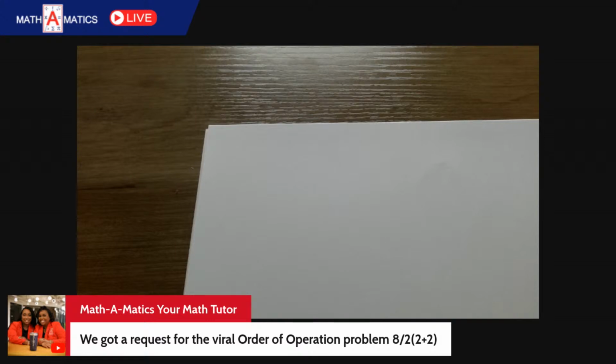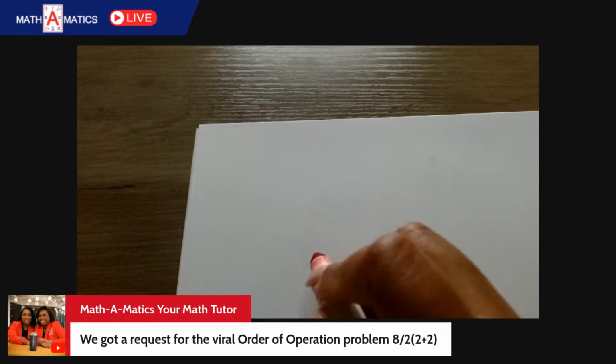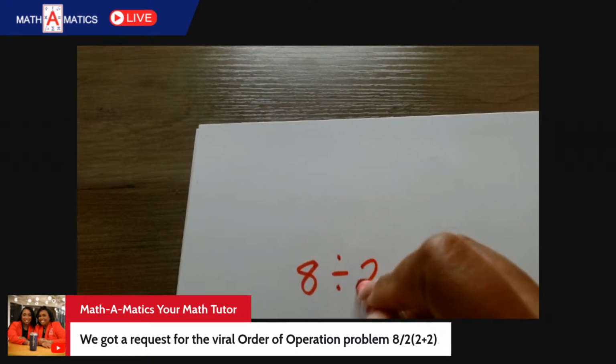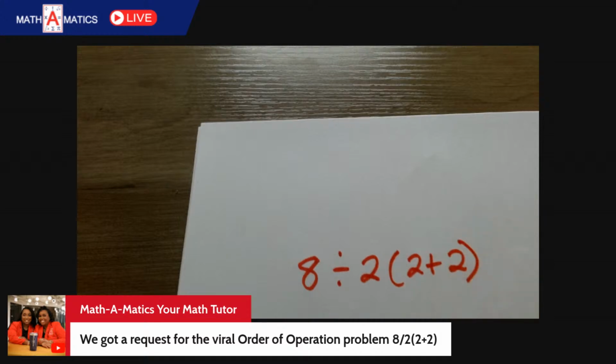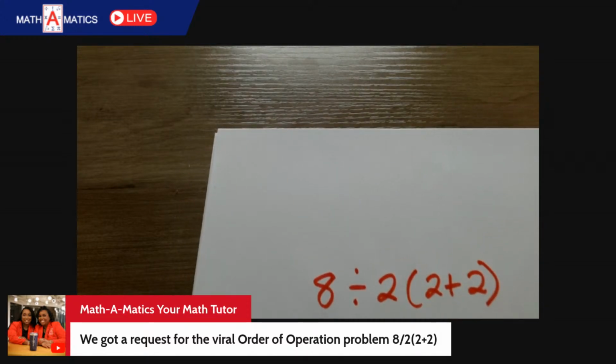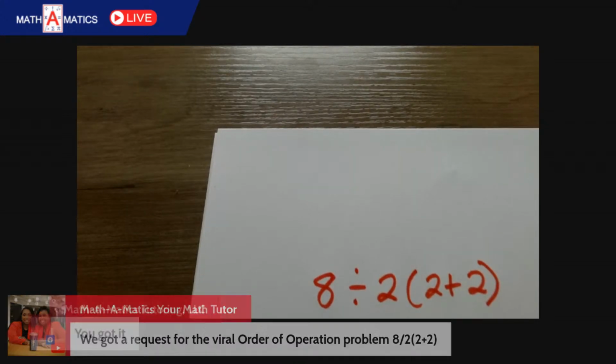And Kimberly, let me know if I'm getting this right. Is this 8 divided by 2 times 2 plus 2? Is that correct? Okay. I'm going to see if I can grab one of our strategy guides real quick.